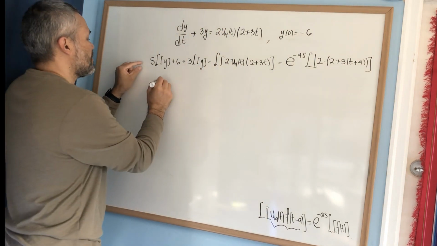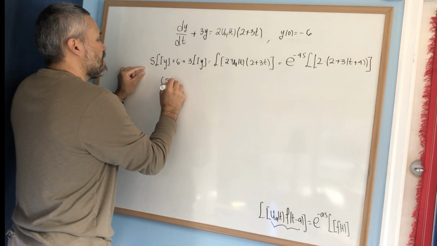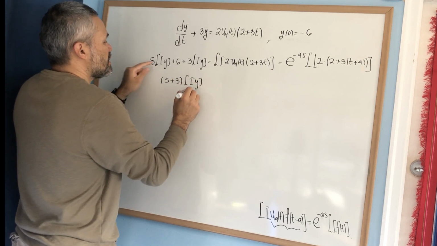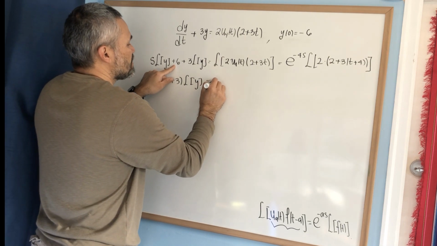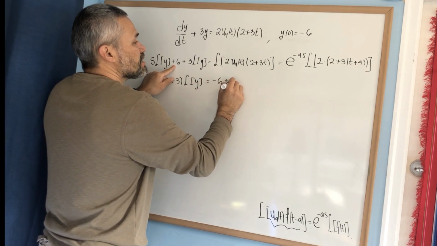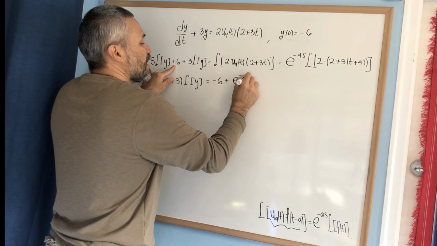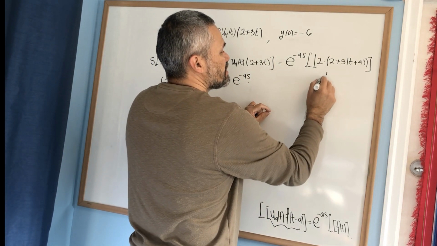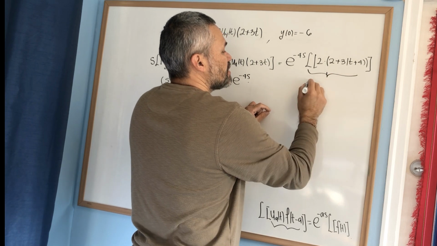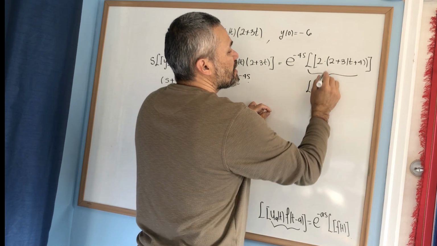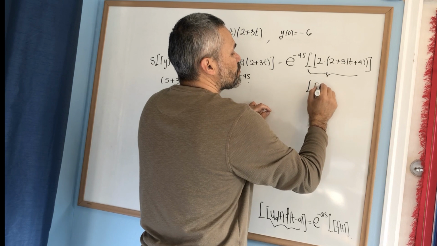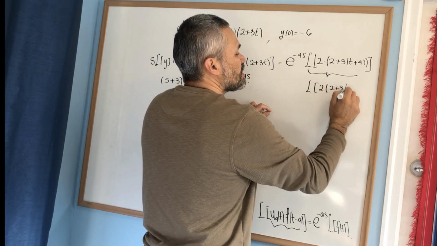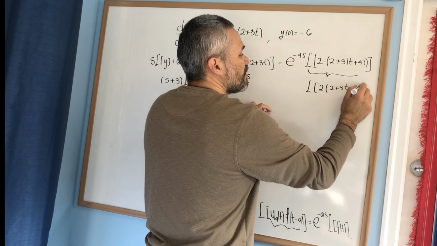Okay, then here we can factor the s plus 3 times Laplace transform of y. This 6, I'm going to move it to the right, is -6 plus e to the negative 4s. And here we have, remember, what is this? This is this part here. This is the Laplace transform of 2 times 2 plus 3t plus 12.